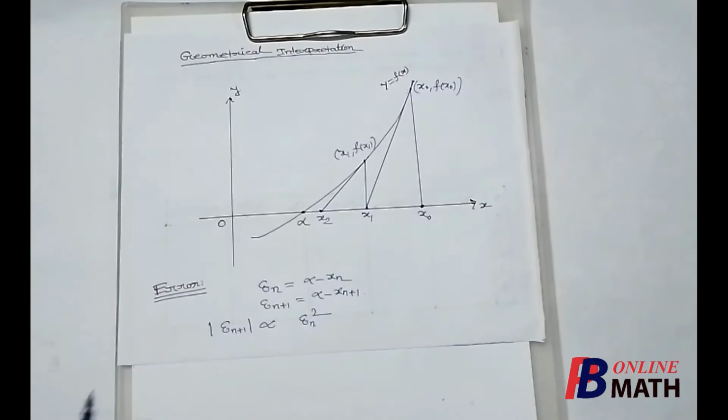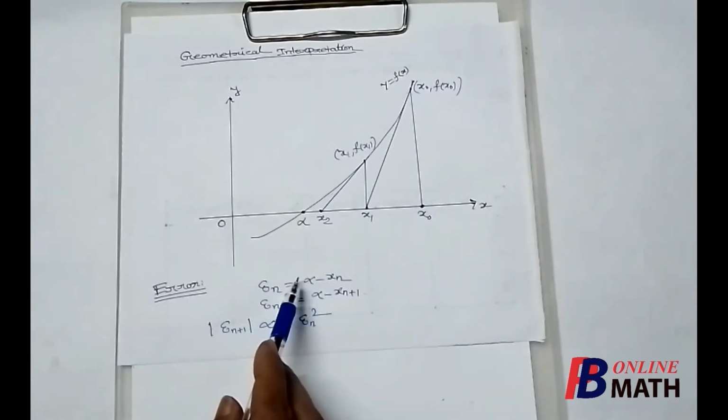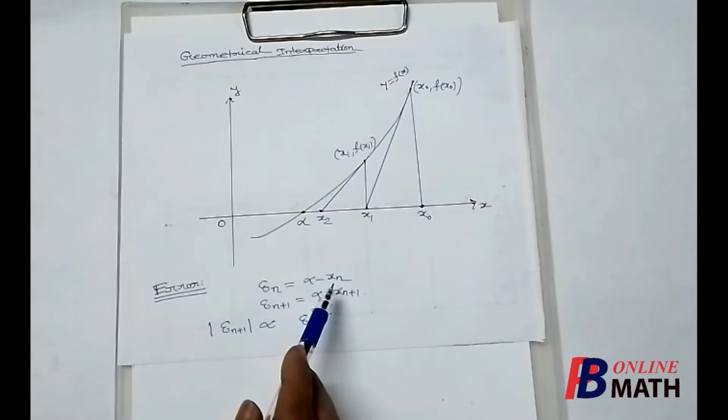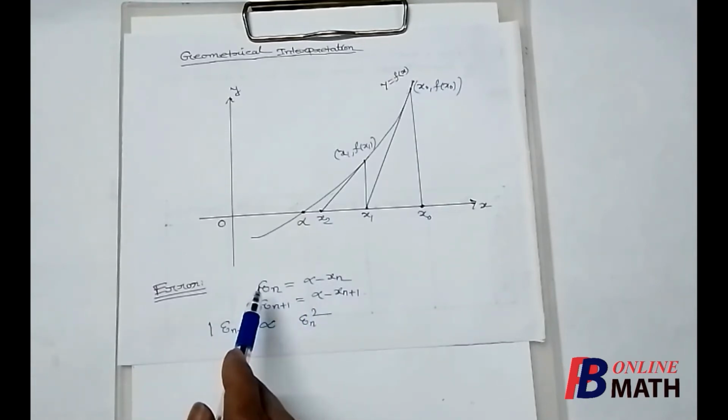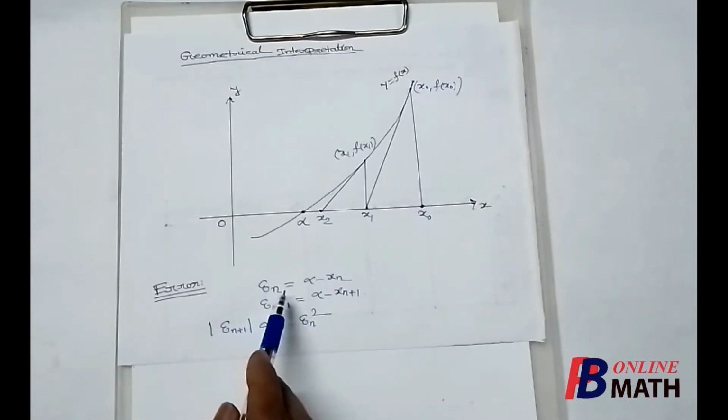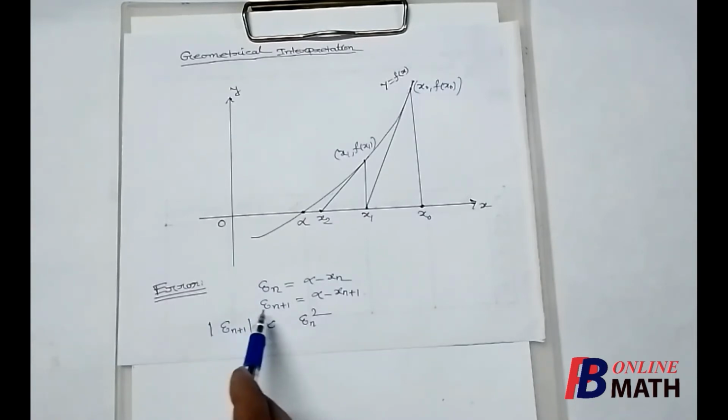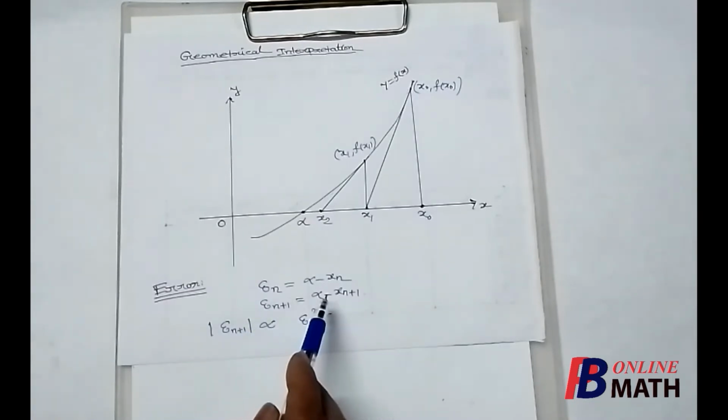Now if we want to find the error term for Newton-Raphson method, then if we denote this error at the nth step, alpha is the exact root and xn is the approximate value at the nth step, then the error at the nth step will be epsilon n, this is alpha minus xn. And similarly, the error at the (n+1)th step will be epsilon n+1, which is equal to alpha minus xn+1.